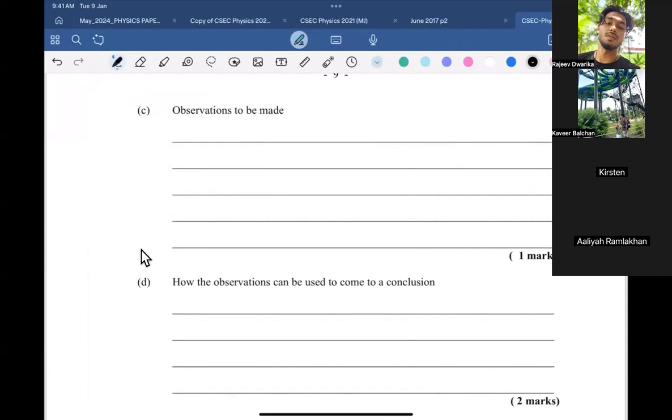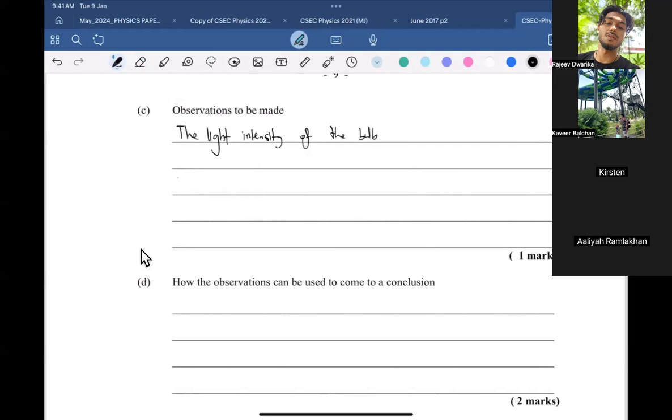How bright or dim the bulb is? Correct. So let me say it fancy. The light intensity of the bulb, or the light output of the bulb. Or we could say the luminosity of the bulb. Real fancy, you know. The light intensity of the bulb.